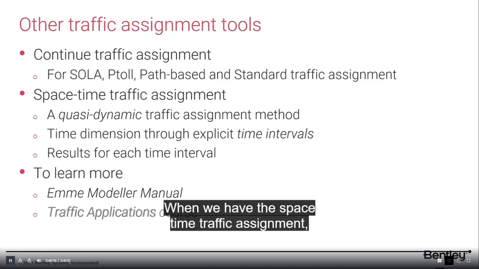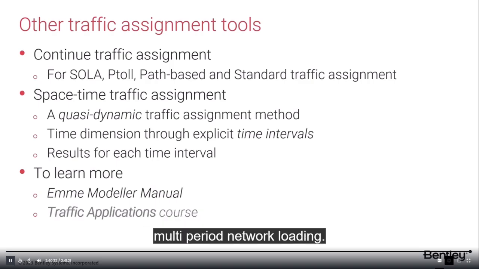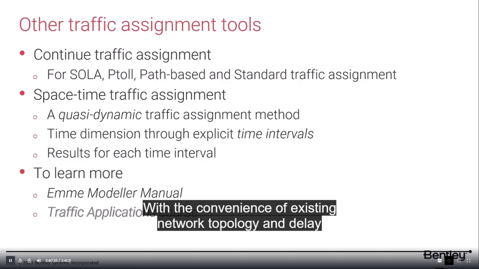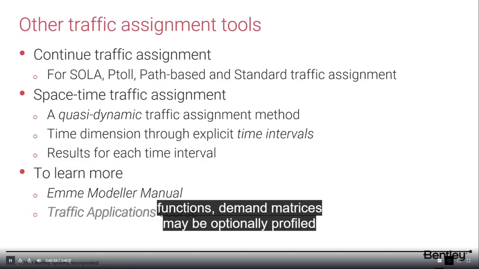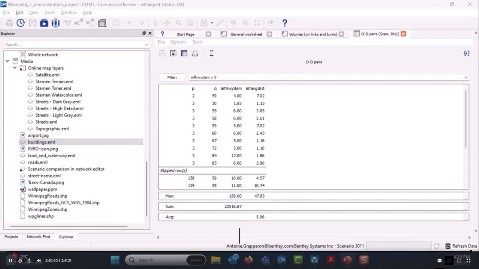Then we have the space-time traffic assignment. It provides a new traffic assignment for time-dependent multi-period network loading with the convenience of existing network topology and delay functions. Demand matrices may be optionally profiled over time, and the network is loaded differently across time periods as flow progresses through the network.